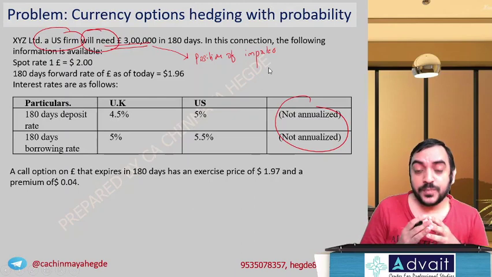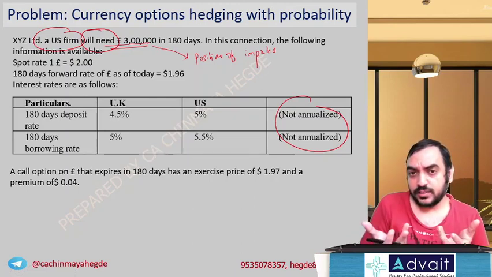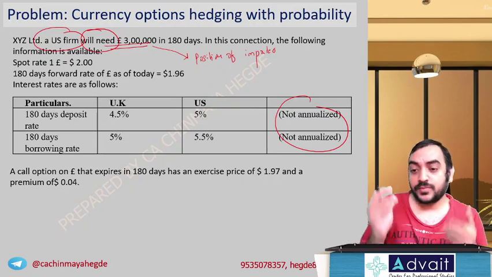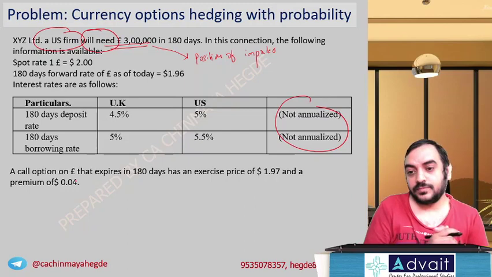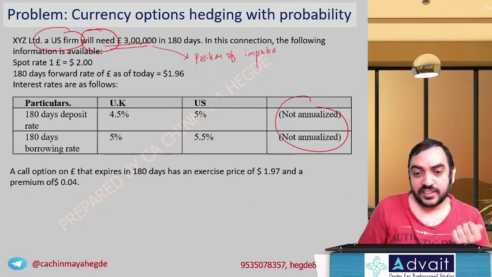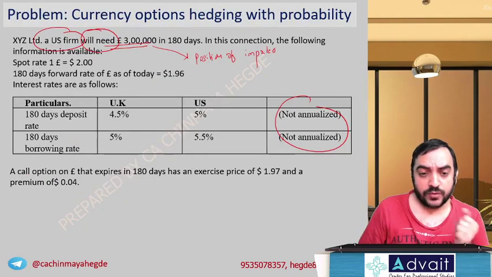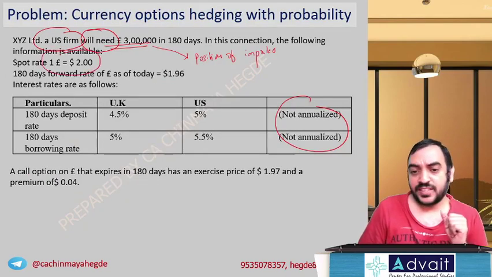A US firm needs pounds, therefore it's like the position of an importer. 3 lakh pounds, and 1 pound is so much dollars. So on the left hand side only one rate is available.